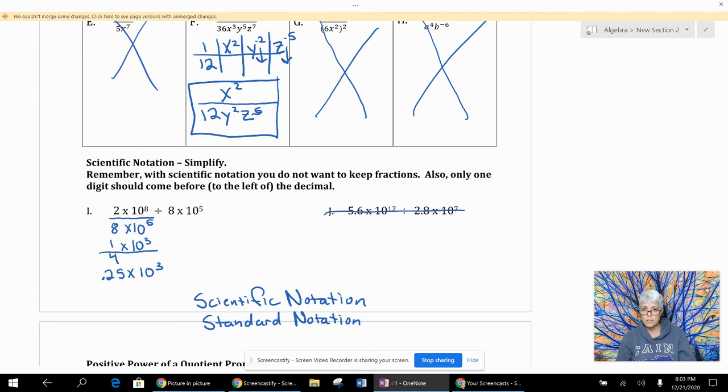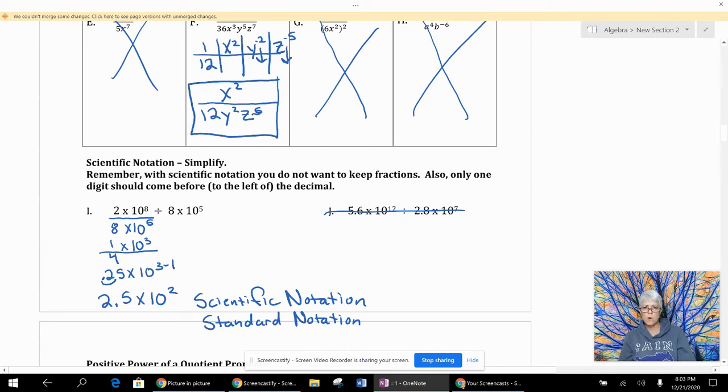So I'm going to have to move the decimal over. But if you notice, I'm moving it to the right. The other day, we were moving it to the left. I'm moving it to the right, and that will cause me to subtract 1 from the power of 3. So now I have 2.5 times 10 to the power of 2.